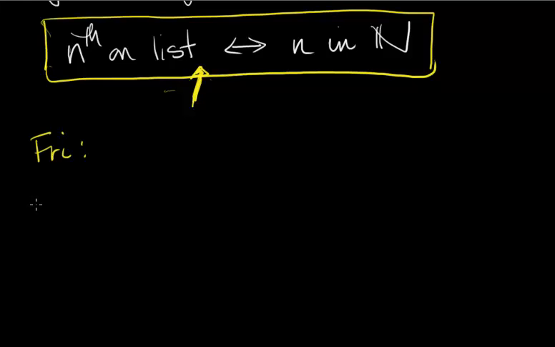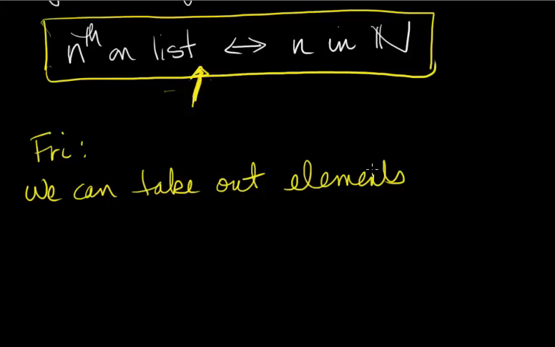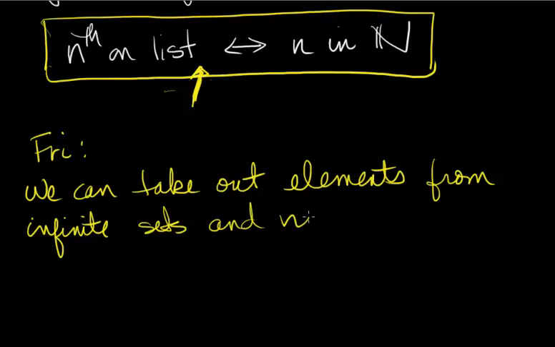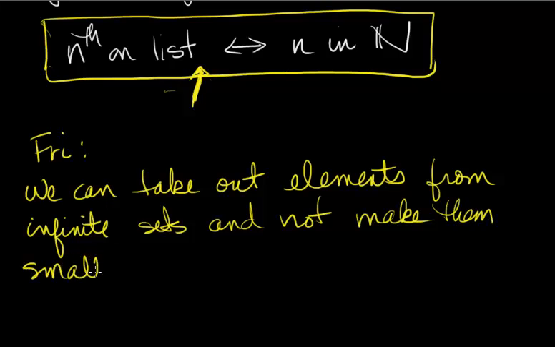We noticed something different, that we can take elements out from infinite sets and not make them smaller. That is so strange. But what do I mean by smaller? I mean the cardinality remains the same.